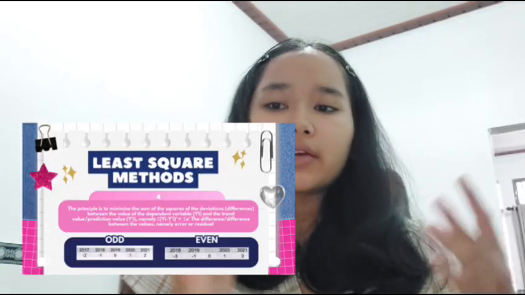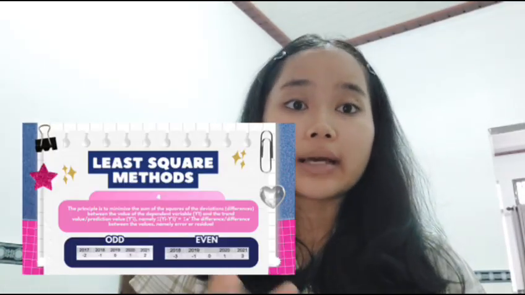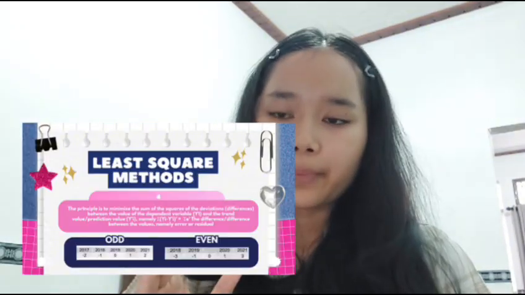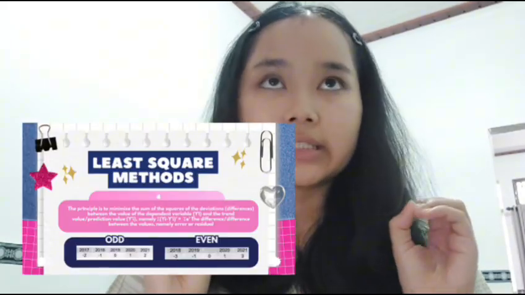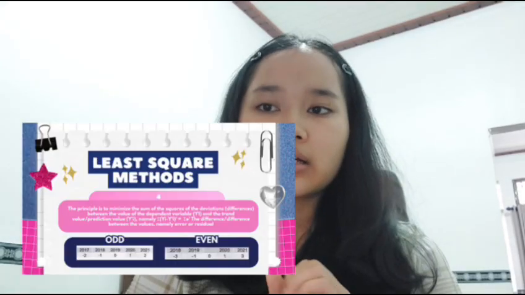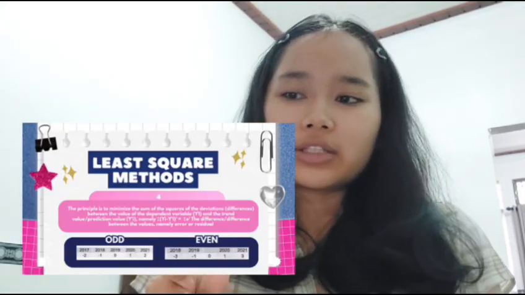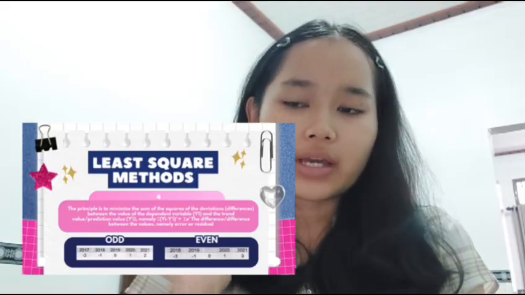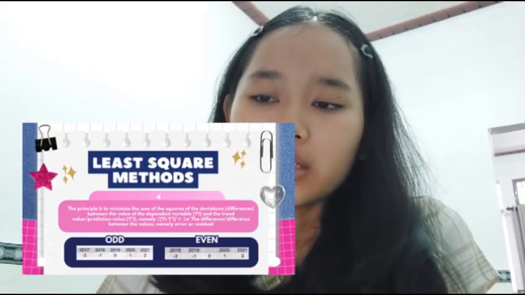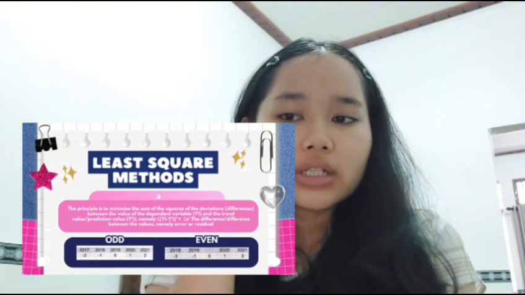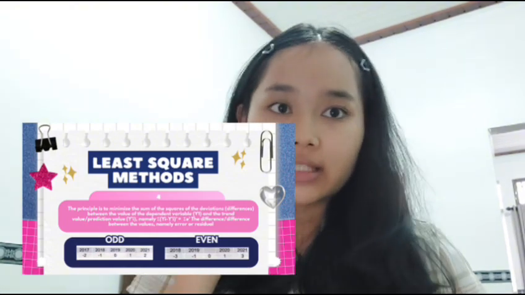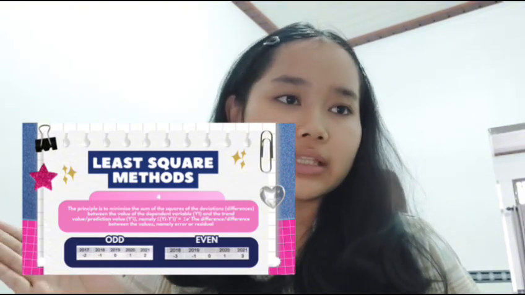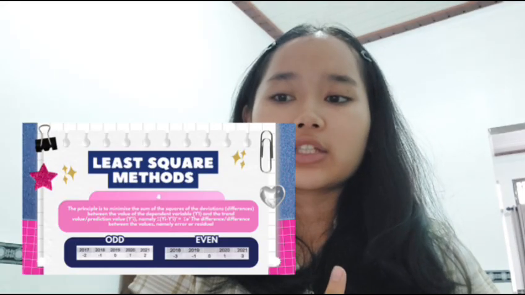And next is for even data. For even data, we put 0 in the middle of the data, but there is no data there. So on the left side we put -1, and the next is -3.